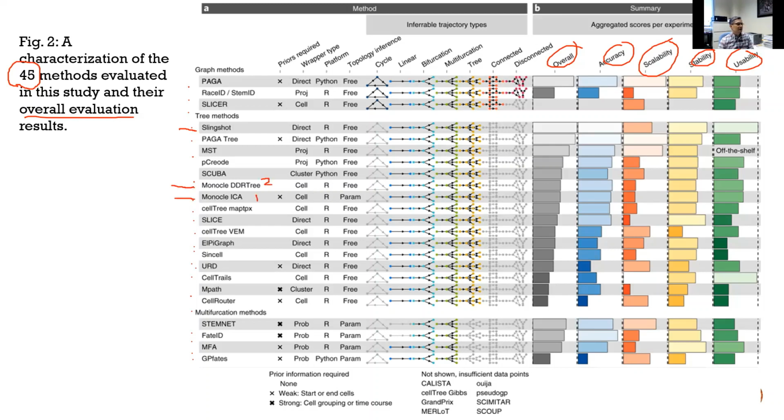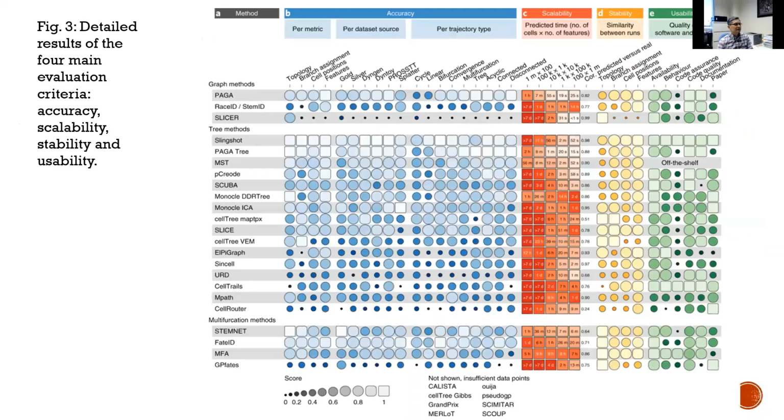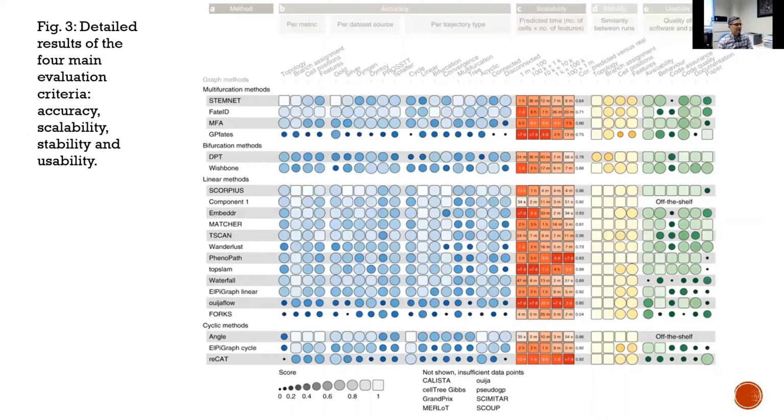So this is a comprehensive comparative study to evaluate all of them. Then they have detailed results of 4 main evaluation criteria: as I said, accuracy, scalability, stability, and usability. They put them in a more detailed table, and that's the second half of the table.